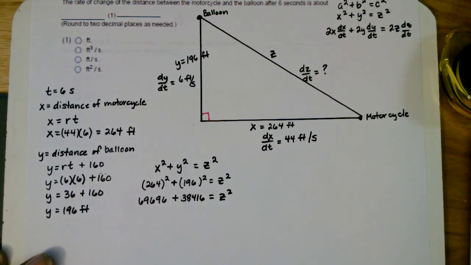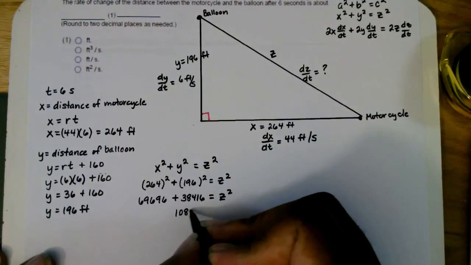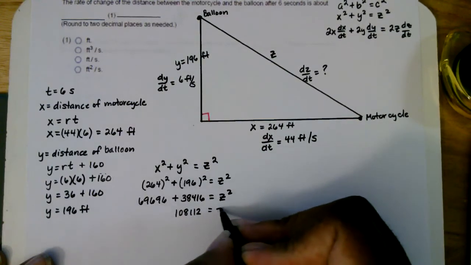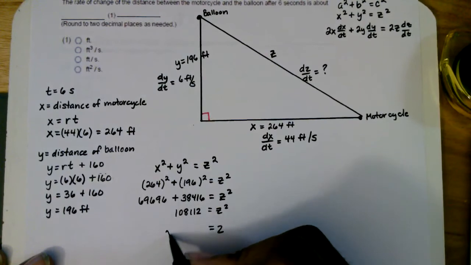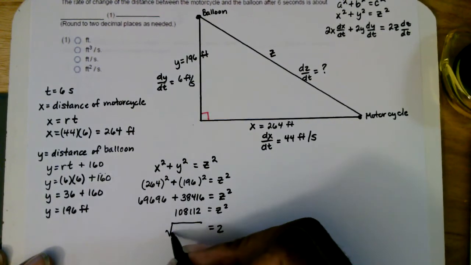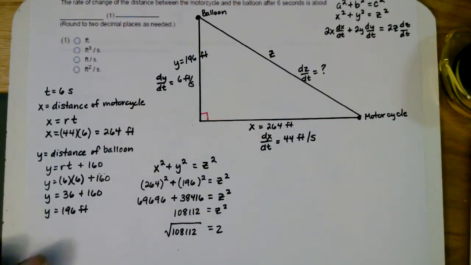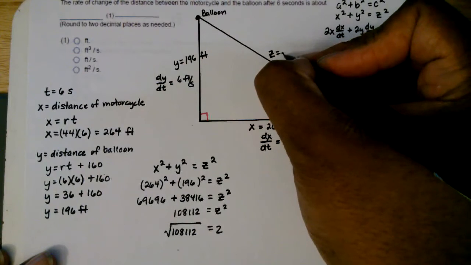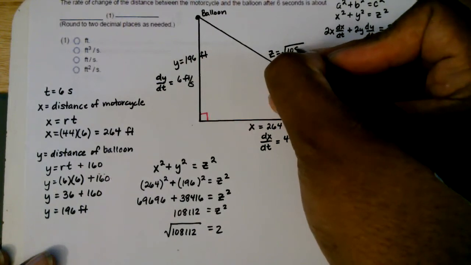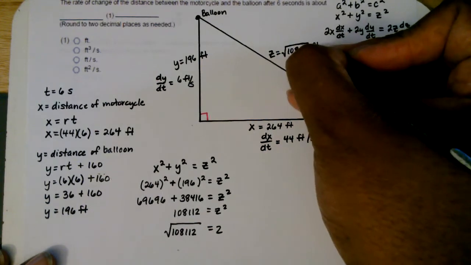We'll get 108,112. And that's equal to z squared. And for z, we're going to get a decimal, so I'm going to leave this as the square root of 108,112. So this is the length of z, the square root of 108,112, and that's in feet, by the way.